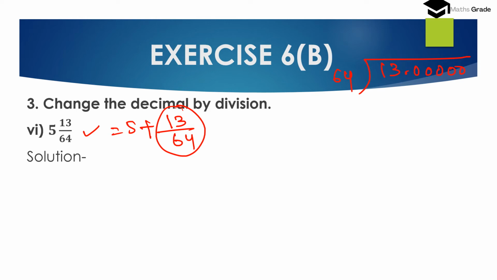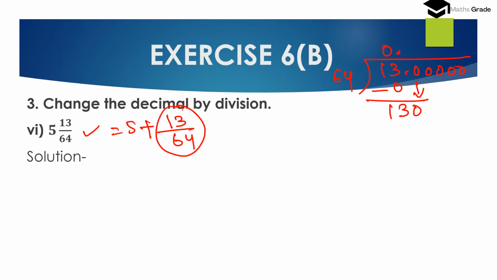In the table of 64, if we multiply 64 with 1 it is 64, which is more than 13, so we have to multiply 64 with 0. Now 64 multiplied with 0 is 0. Now 13 minus 0 is 13, and write this 0. Now it is 130. Now put this decimal point here.